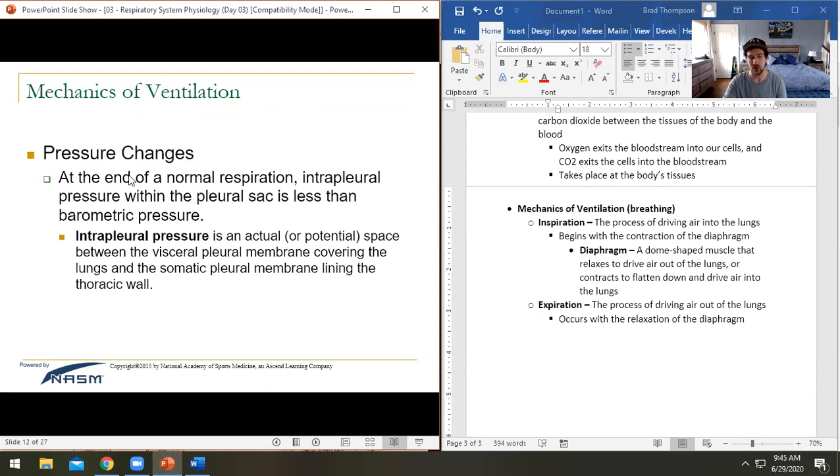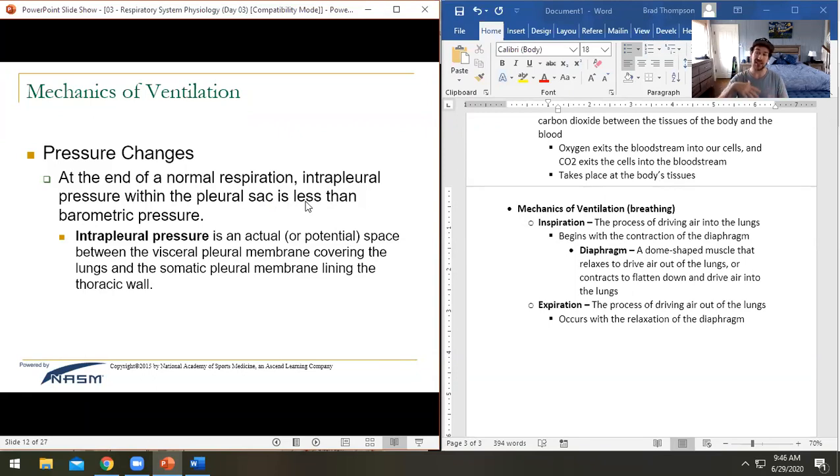So speaking of pressure changes, at the end of a normal respiration, at the end of a normal exhale, your intrapleural pressure, the pressure inside of your lungs, within your pleural sacs, your alveoli, is less than the barometric pressure.